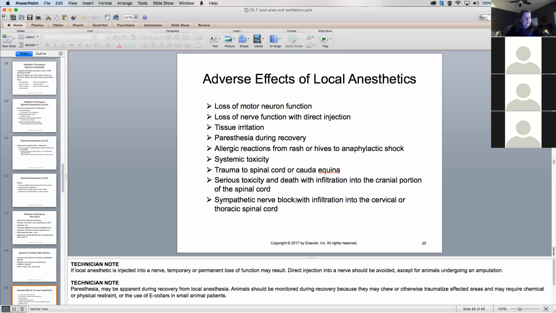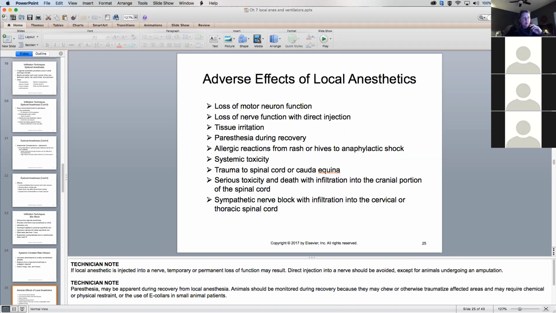Anytime we do these blocks, we worry about loss of motor function. When we do an epidural, we want the pain relief. We worry that they're not going to be able to walk after surgery again. It can last up to 24 hours, so we have to be cautious.